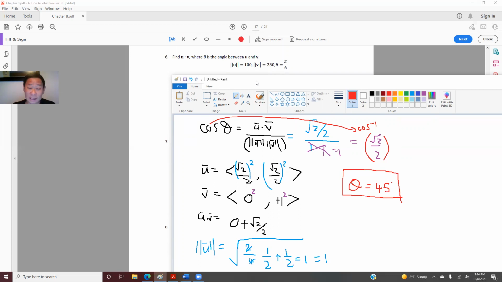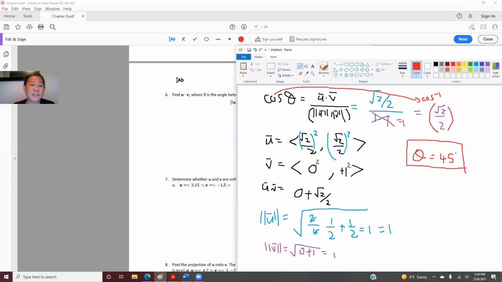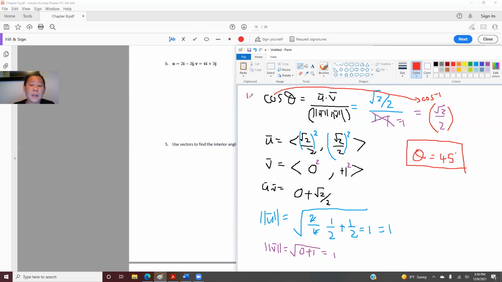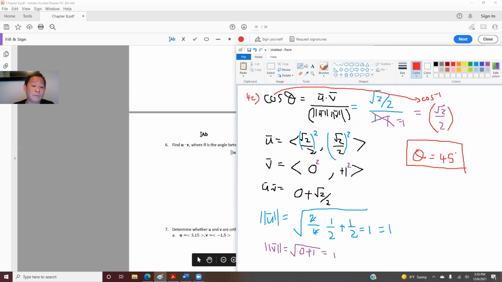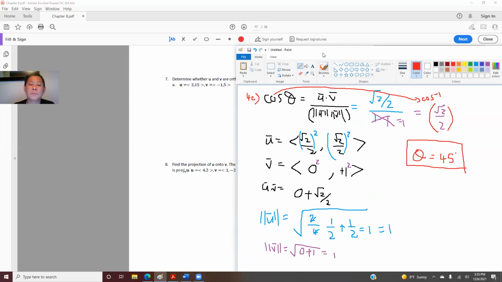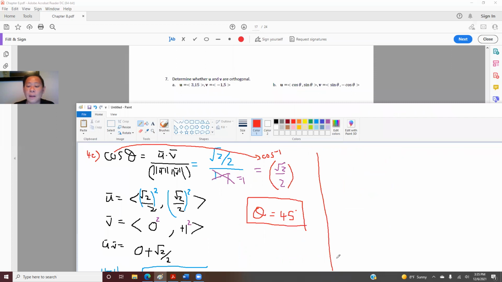It's very easy to figure out if vectors are orthogonal or not: you dot them. And if the dot product is 0, it's orthogonal. This is very simple. So I like question number 7a. If the question wants you to figure out if U and V are orthogonal, what you do is multiply them, dot it out.